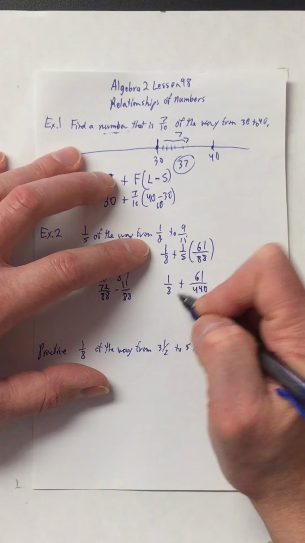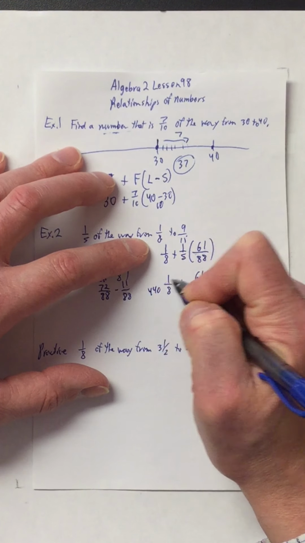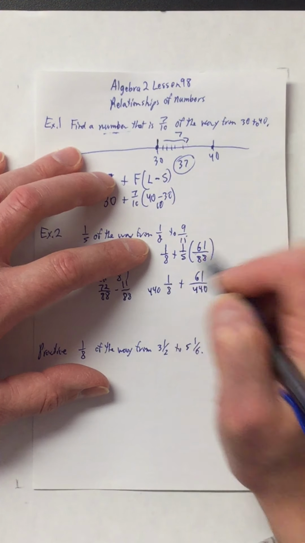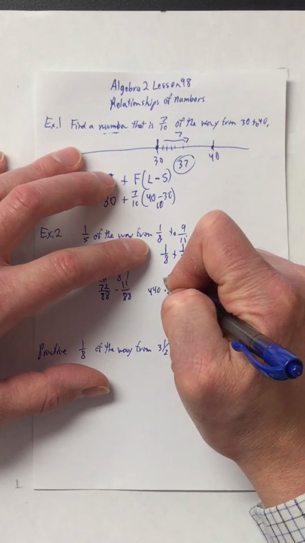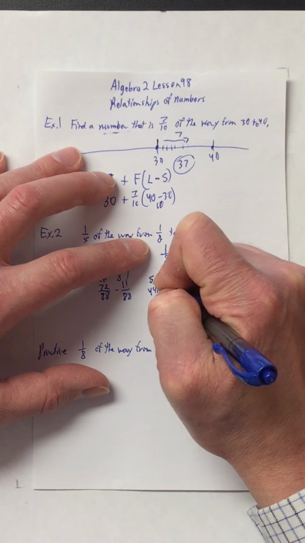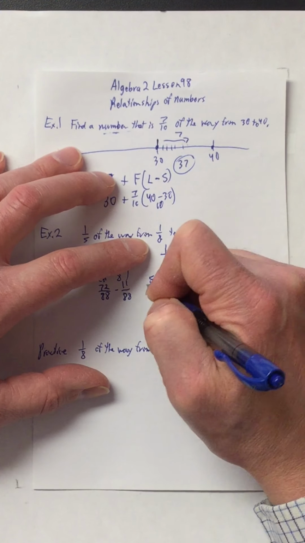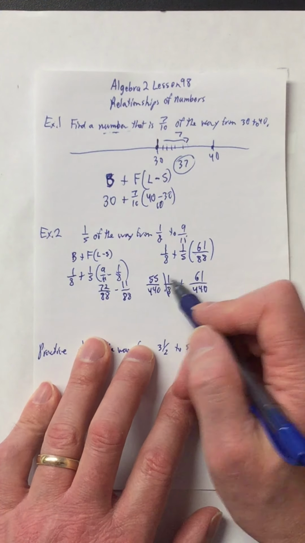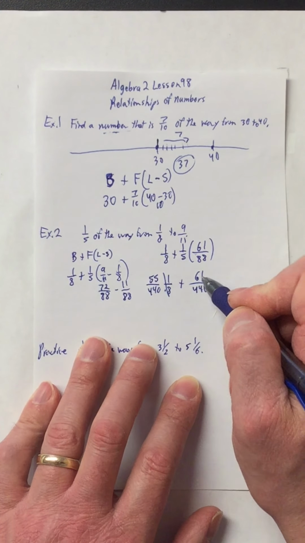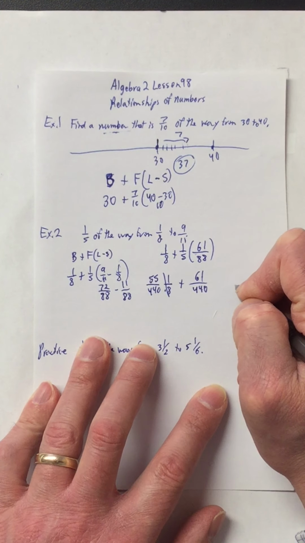This guy is going to get changed to 440. So 440 divided by 8 equals 55. Looks like I have to multiply the top by 55 as well, which is easy because 1 times 55 is 55.